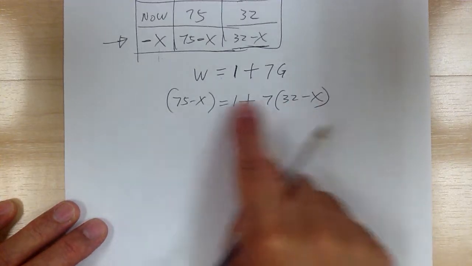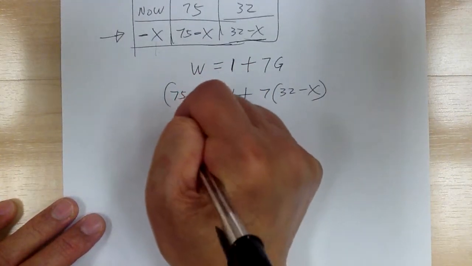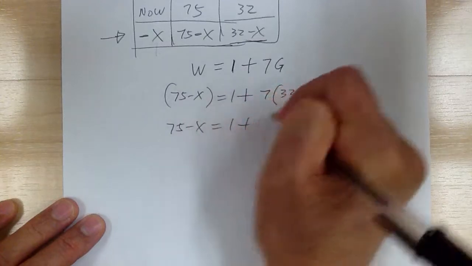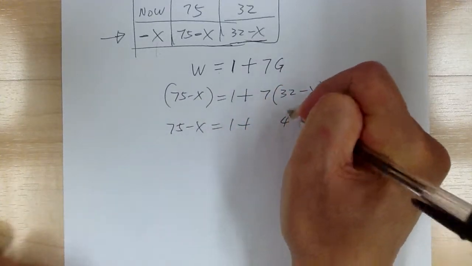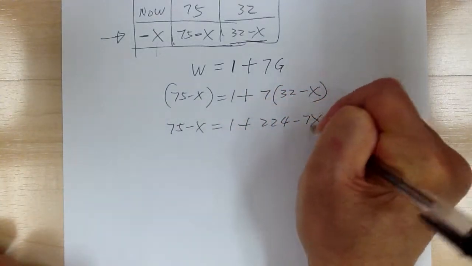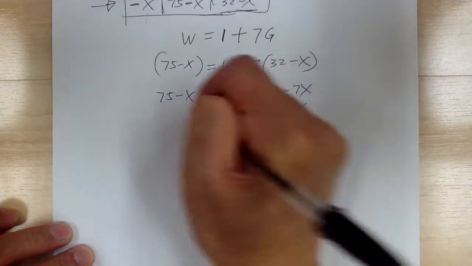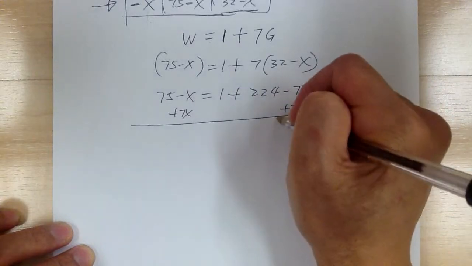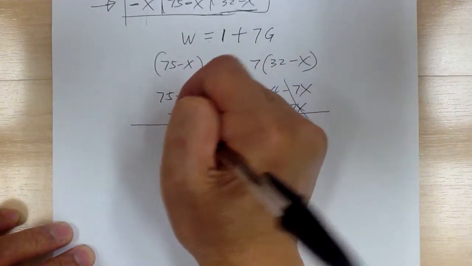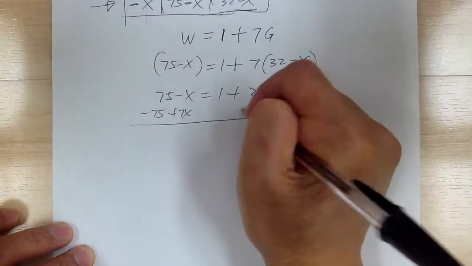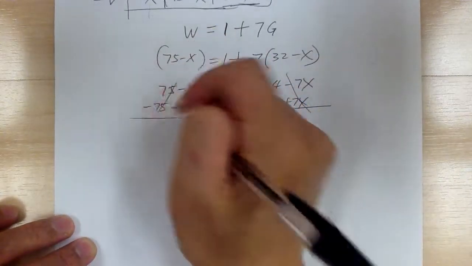Next, go ahead and multiply everything out to get rid of parentheses. So multiply out. Okay, and I'm going to plus 7x on both sides, so that this will cancel out. And I'm going to minus 75 on both sides, so this will cancel out.